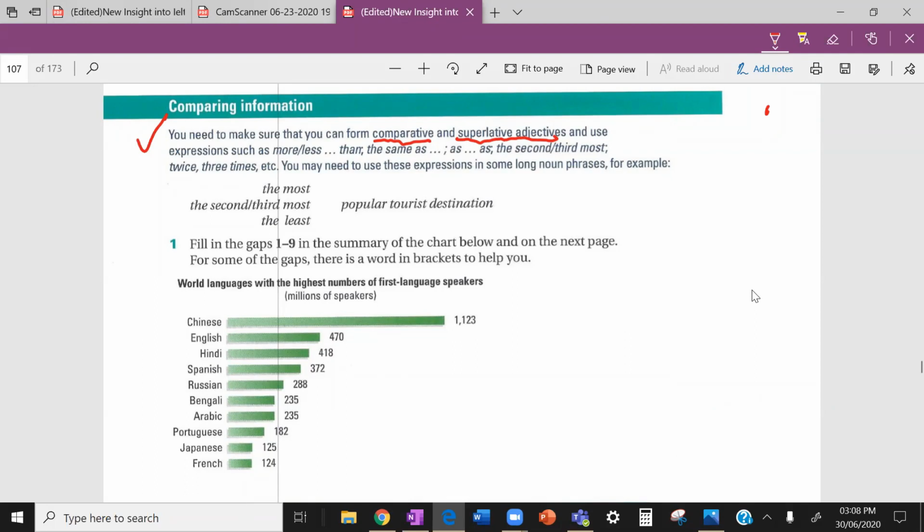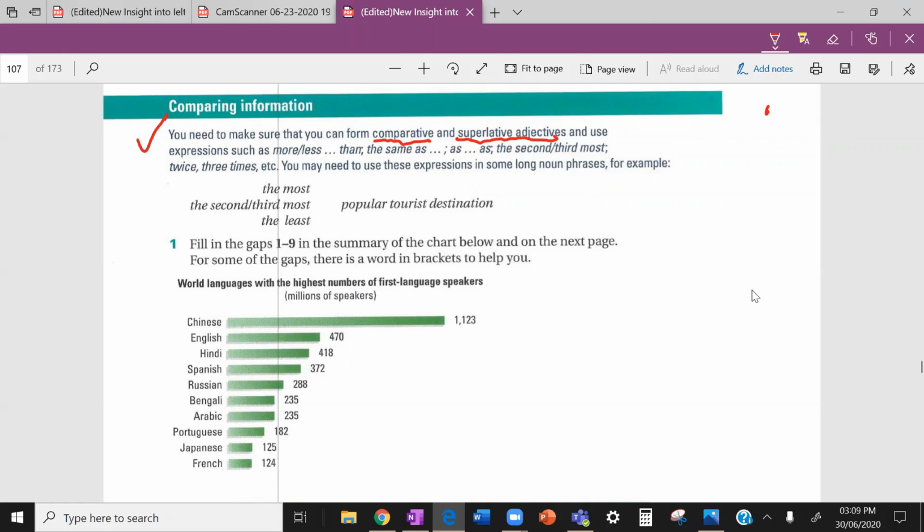Adjectives, nouns, pronouns. Yeah, that's right. Conjunctions, interjections, like these. Yes, exactly. So can you also further explain what is adjective, what is comparative, and what is superlative? Actually, I don't have the clear concept about the comparative and superlative, but yeah, I can tell what are the adjectives. Okay, what is an adjective?